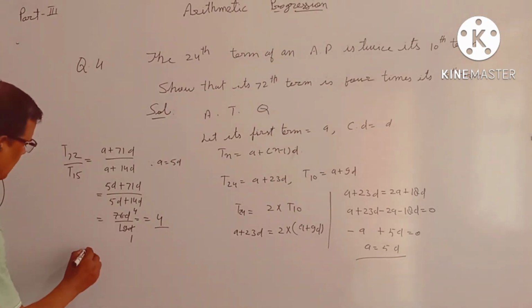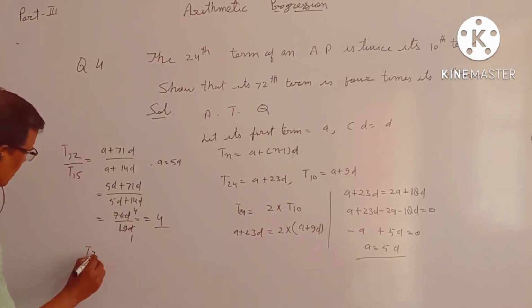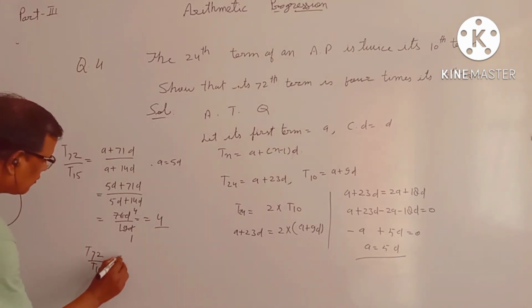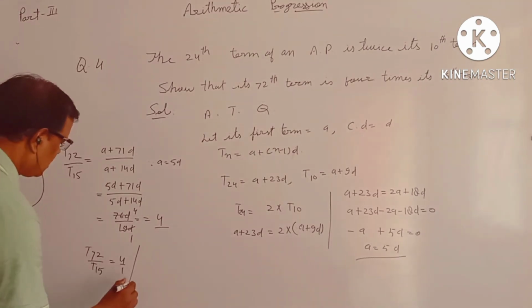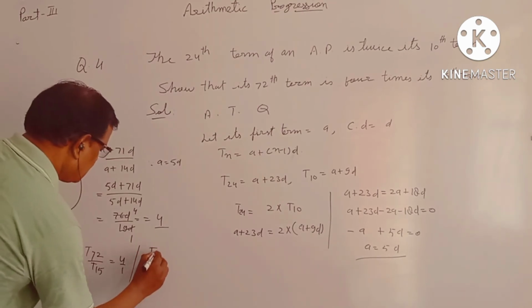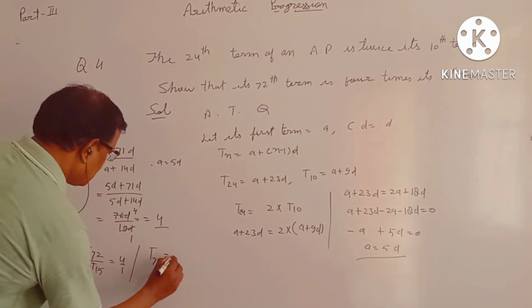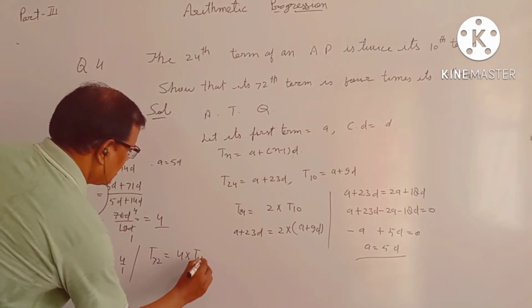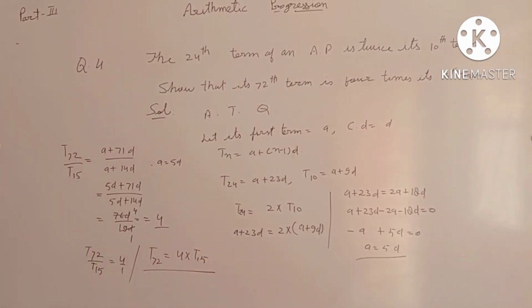As we know, T72 by T15 equals 4 by 1, by cross product T72 equals 4 into T15. This way we have proved what we wanted to show.